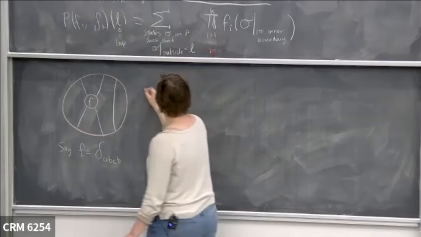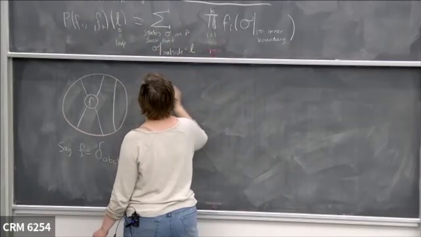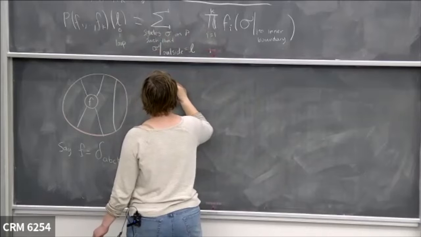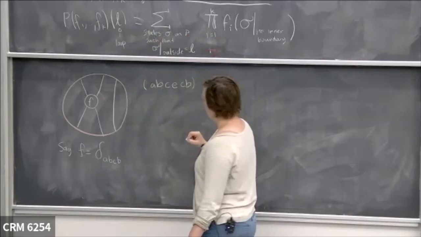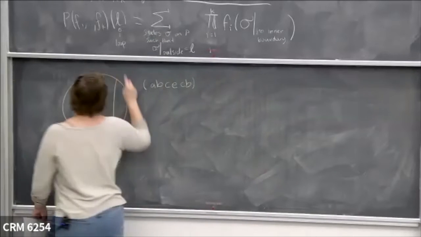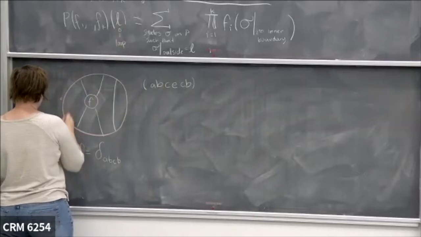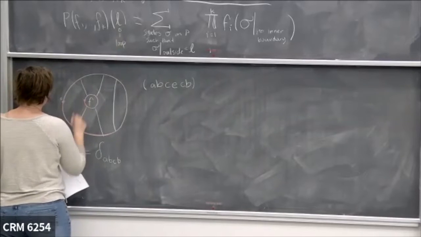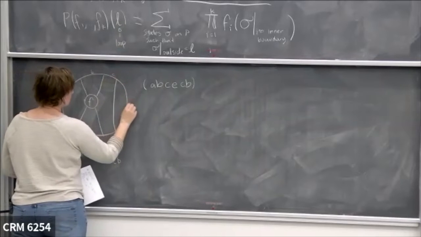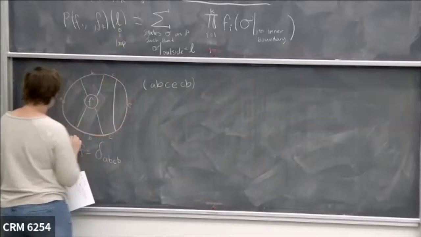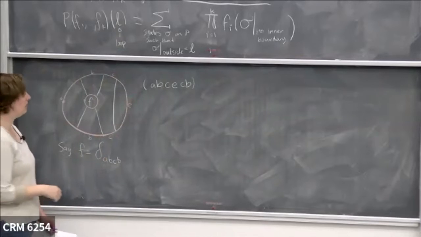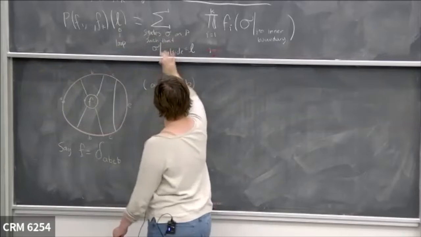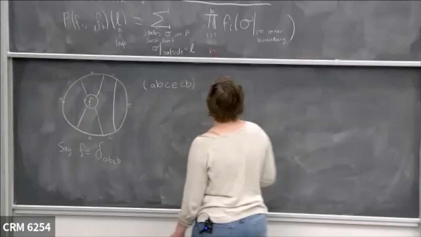So let's look at the path that goes A, B, C, and then to E, and then back to A along the same path, C, B. This loop tells me what the outside of my region should be labeled as: A, B, C, E, C, B. And for this particular diagram, once we've labeled the outside, there's no freedom left, so there's only a single state that's compatible with this loop, and we've just written it down exactly.